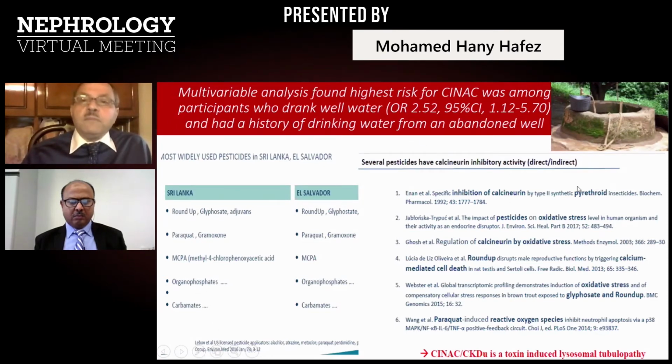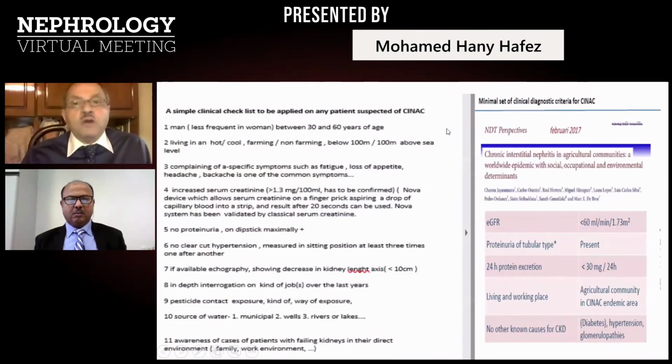These several pesticides will lead to a picture looking like the calcineurin inhibitor toxicity that we see in our transplant patients who are getting big doses of drugs.